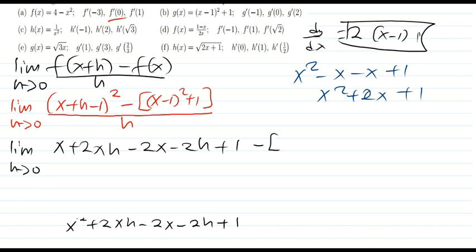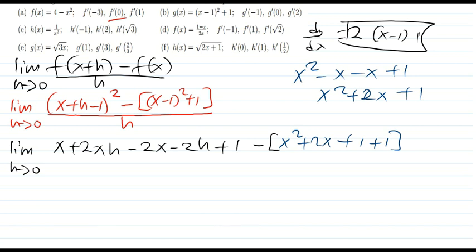So inside here now is x squared minus 2x plus 1. Okay, but again I also have another one here, plus 1, which is this one outside here. Now everything is divided by h.